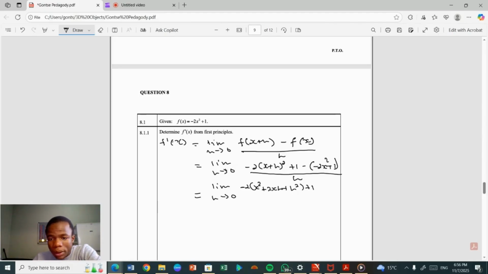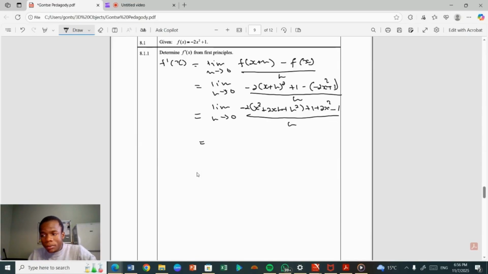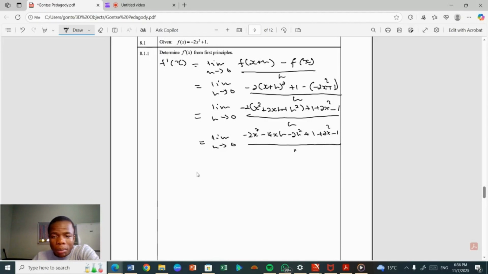Then it's plus 1 plus 2x squared minus 1, right? Over h. Then is equal to, okay, don't forget it's the limit as h approaches 0. Then you'll have negative 2x squared minus 4xh minus 2h squared plus 1 plus 2x squared minus 1 over h.